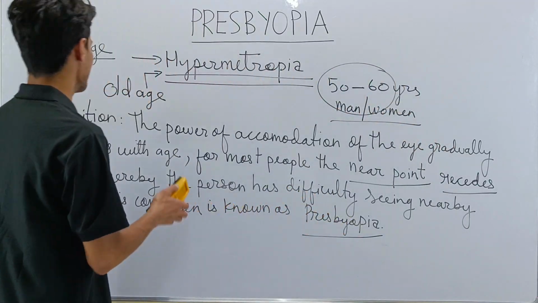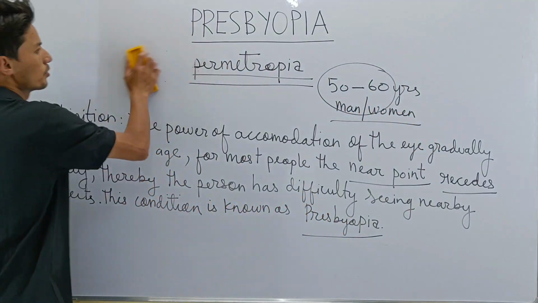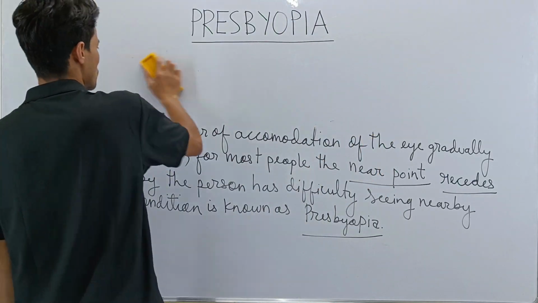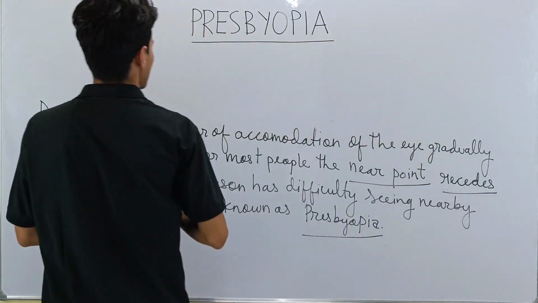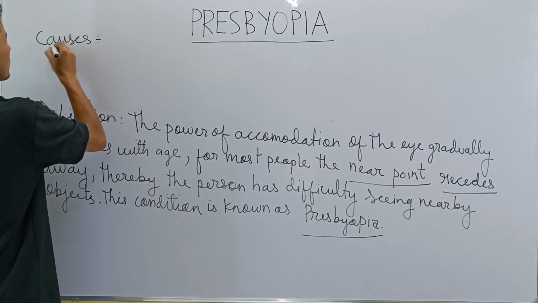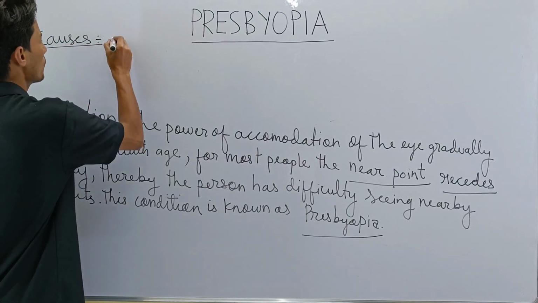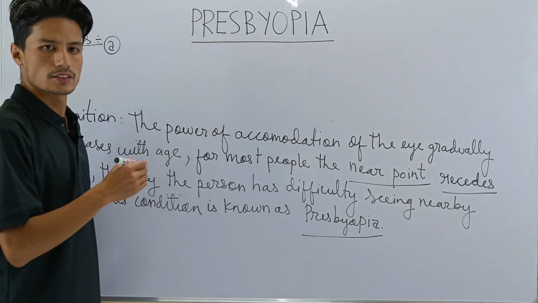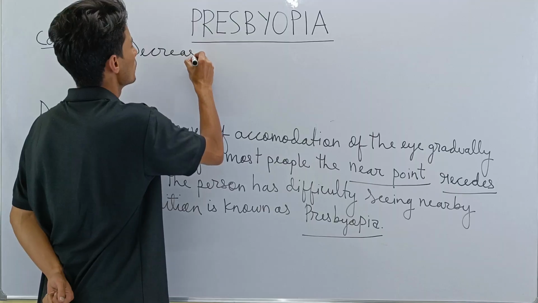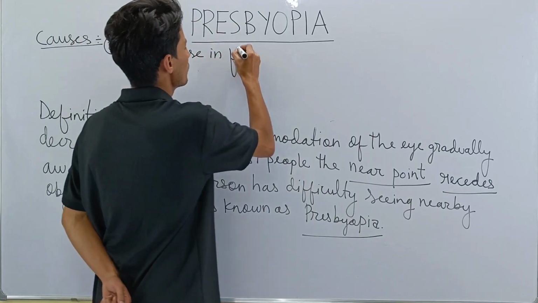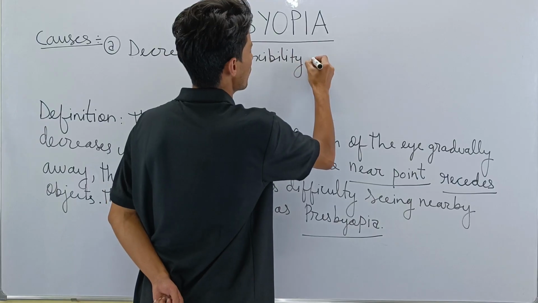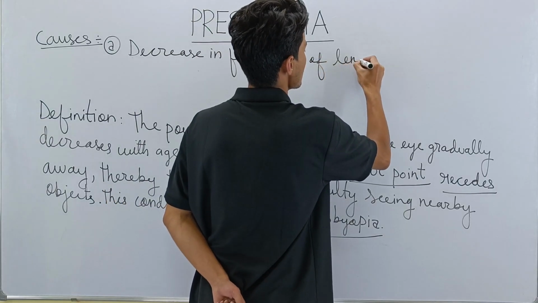Then, since you are writing notes, I'll give you in detail. Then the causes. Let's write down the causes. Roughly we'll take out two causes. Cause number one will be the decrease in flexibility of the lens.